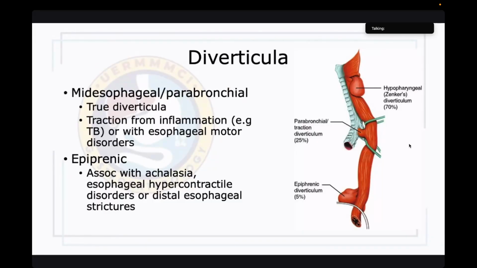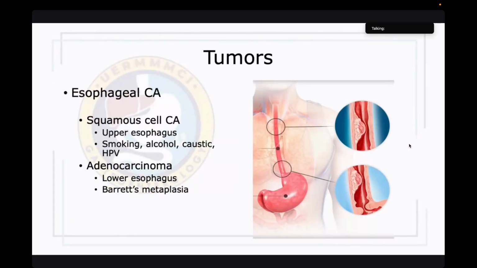Symptoms attributable to the diverticula tend to correlate more with the underlying esophageal disorder than the size of the diverticula. So for large diverticula, this can be removed surgically, usually in conjunction with myotomy if the underlying motility disorder is identified.